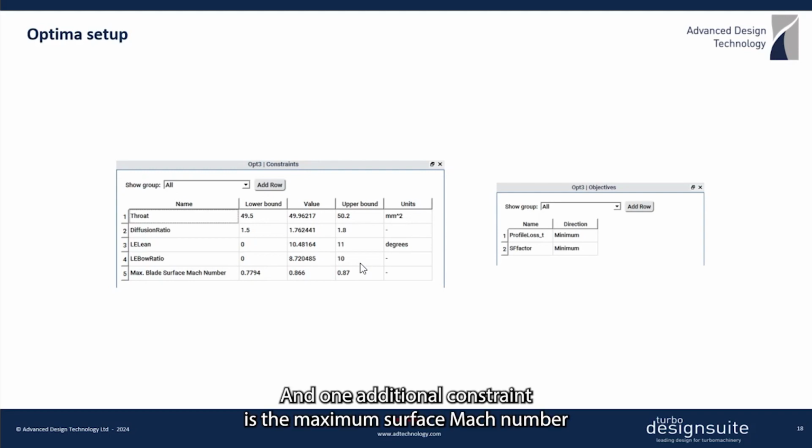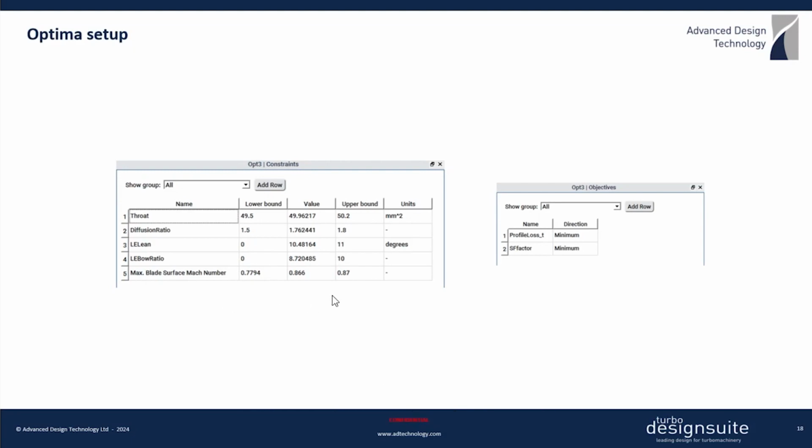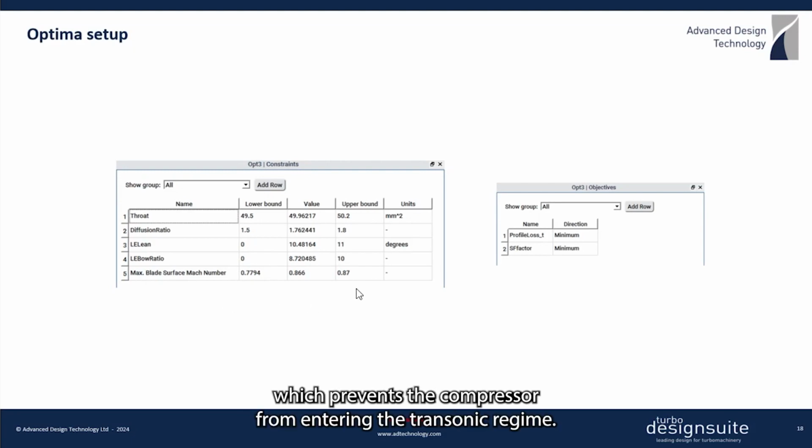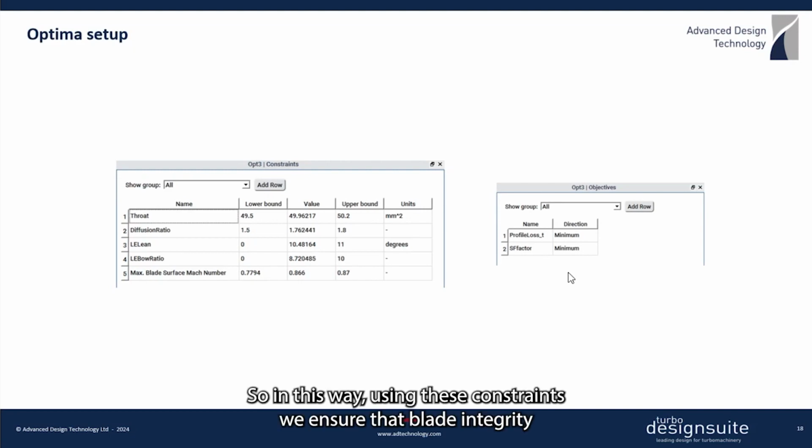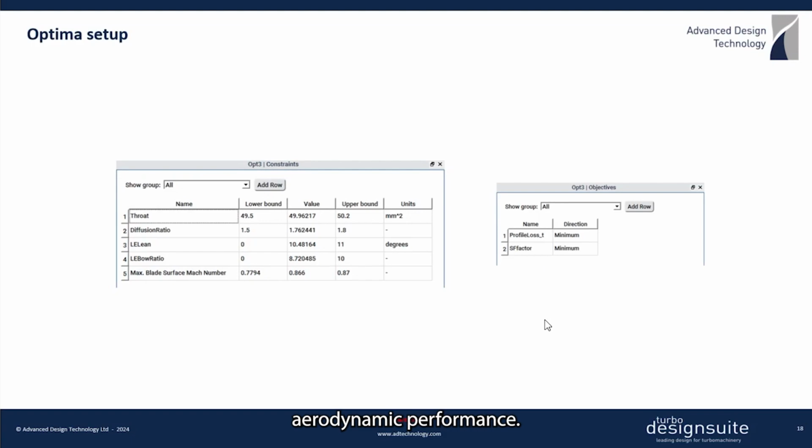And one additional constraint is the maximum surface Mach number, which prevents the compressor from entering the transonic regime. And finally, for the optimization objectives, we want to minimize the profile loss and the secondary flow factor in order to maximize the efficiency. So in this way, using these constraints, we ensure that blade integrity is not compromised in the process of improving its aerodynamic performance.